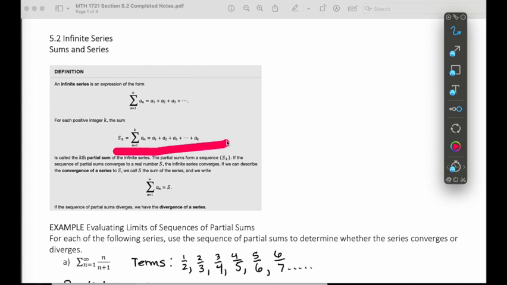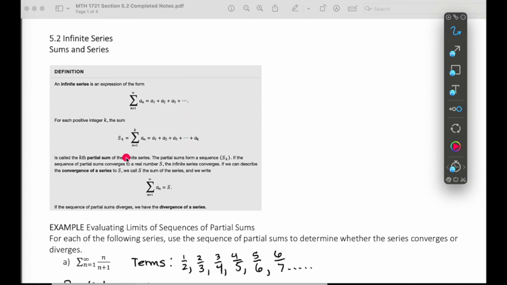So the notation is S_k, where k is the term that we stop at. For example, if k is 5, that means we would take the first term, the second term, the third term, the fourth term, and the fifth term and add them all up.